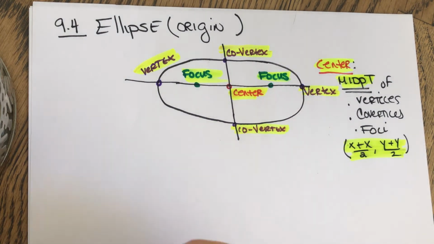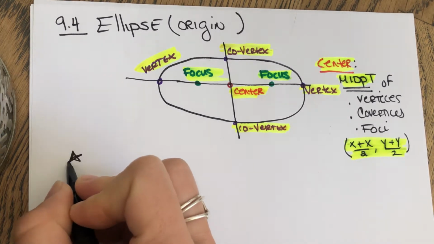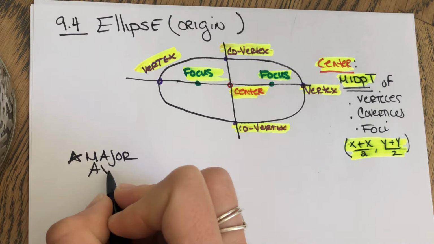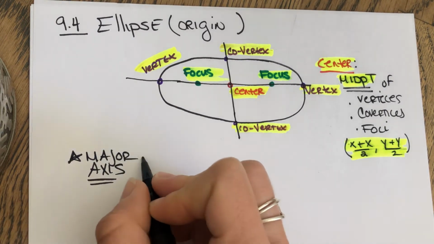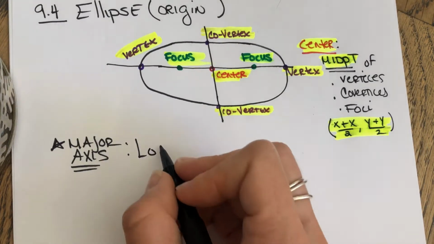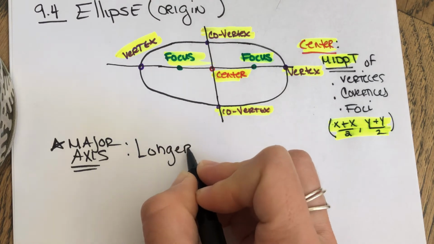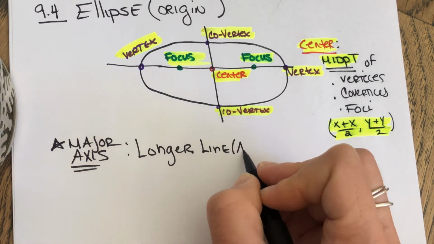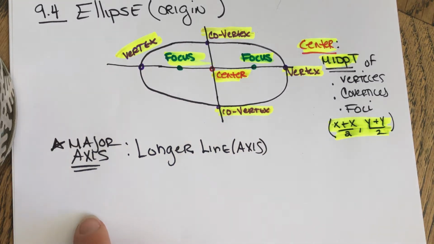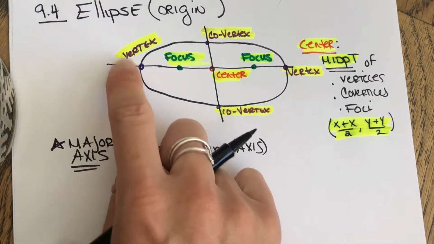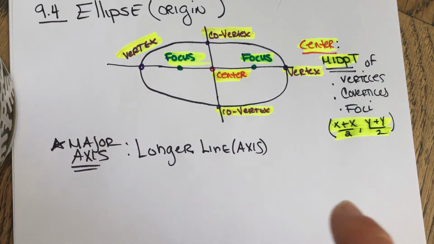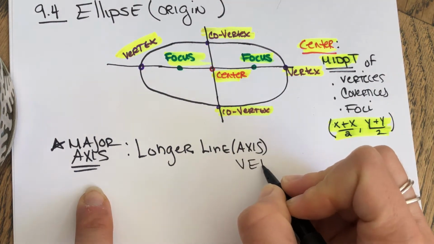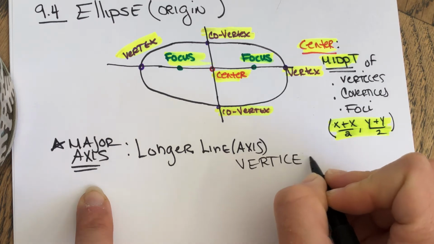Okay, so first thing I want to talk about. We have the major axis. Now this should make sense. The major axis is the longer line, your longer axis. And in this case, you obviously see it's your x. And again, that's going to help us with something. But the longer one is going to be the vertices.